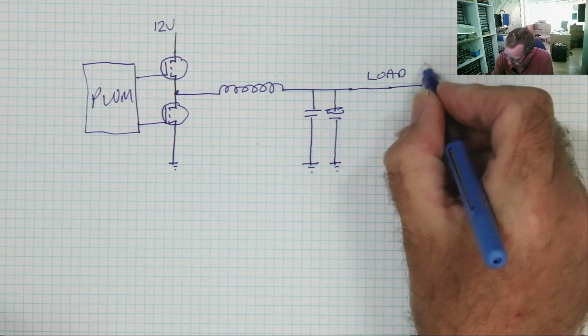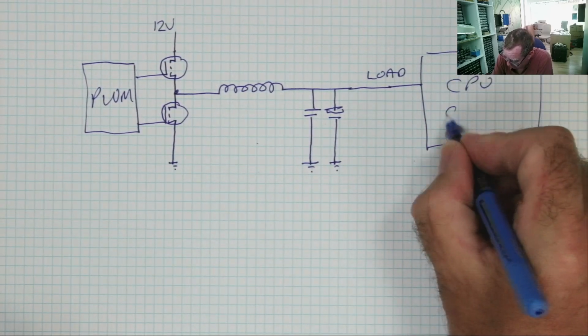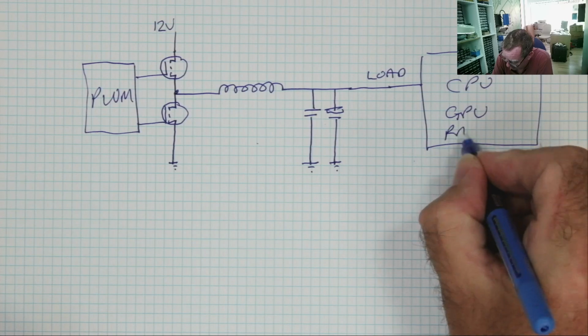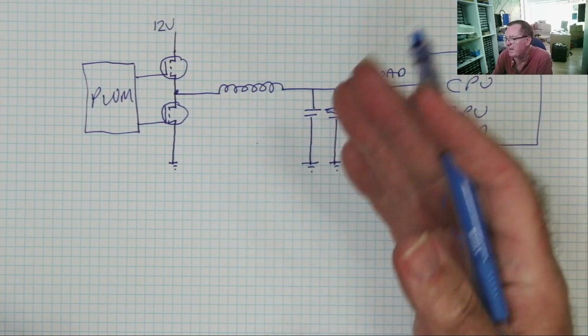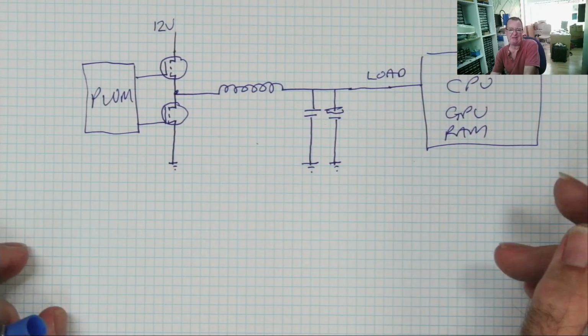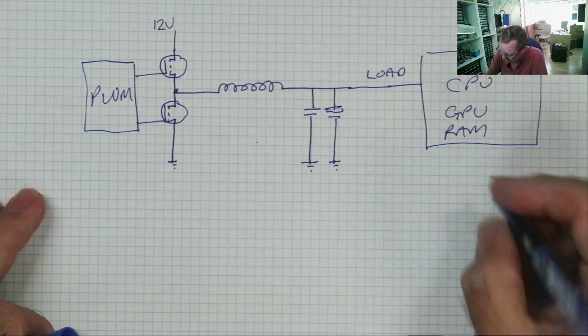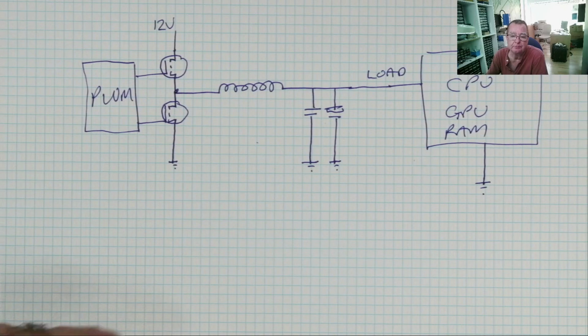Now the load could be CPU, GPU, RAM, various other things. And you'll find the same sort of setup in things like Android set-top boxes, many things these days. A lot of electronics. And this is also connected CPU to ground.